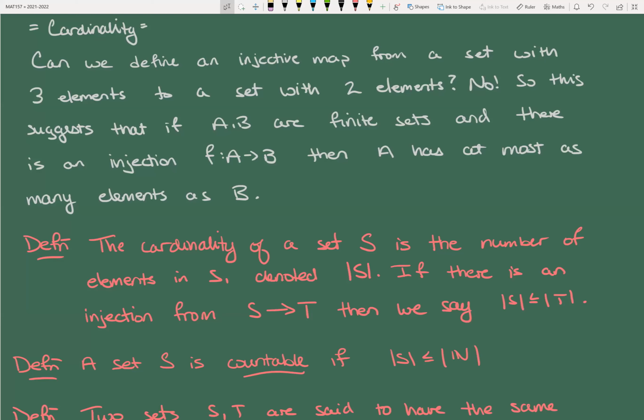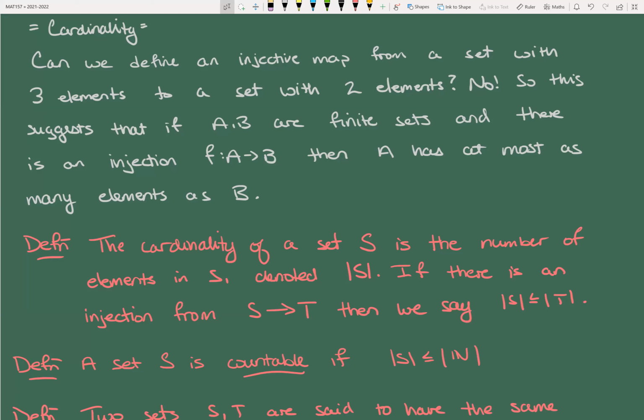For a bijection, the number of elements in S and the number of elements in T, or in this conversation in A and B, has to be the same. Do you all agree? For me to find a map which is both injective and surjective, A and B have to have exactly the same number of elements. For an injection, you need to have less than or equal number of elements in B, but for a surjection, I have to have greater than or equal number of elements.